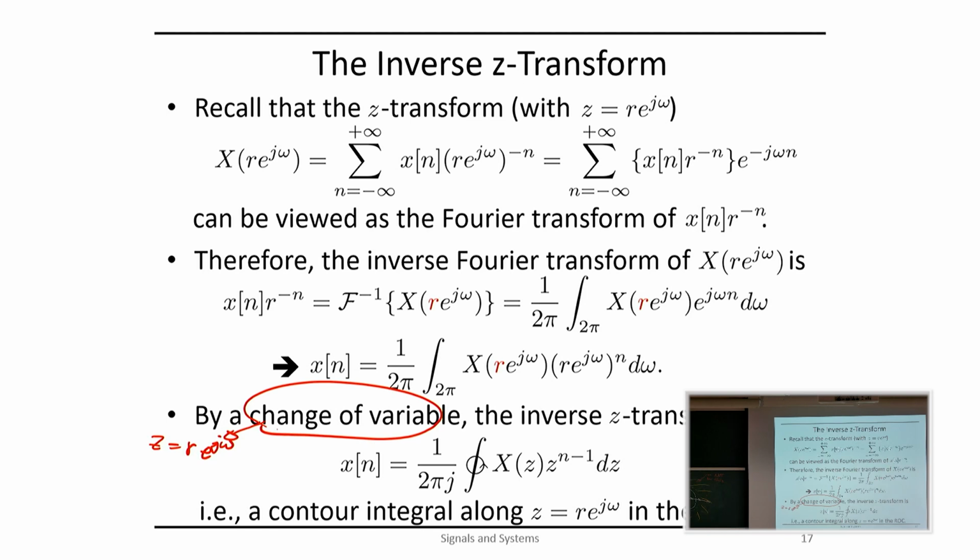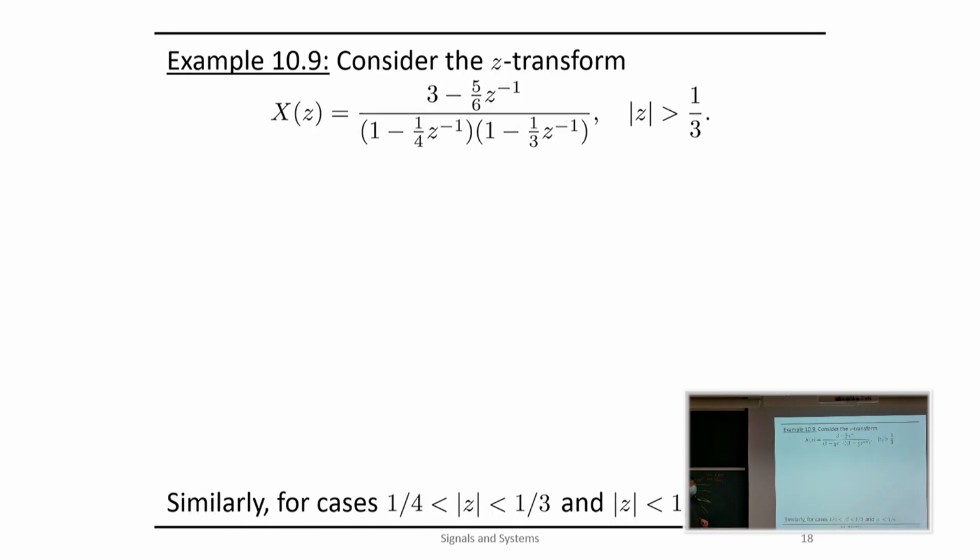So in practice, to find the inverse Z transform, we try to identify patterns in the Z transform that are of known Z transform identities, some common Z transforms that we know. An example is Z transforms taking on this rational form.